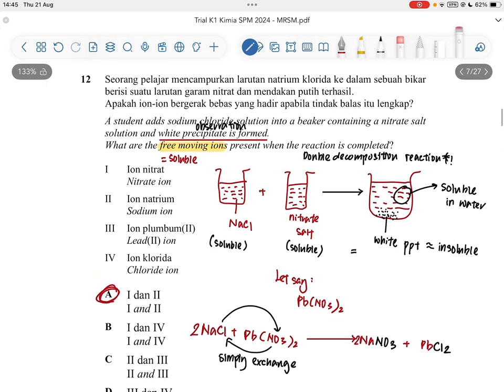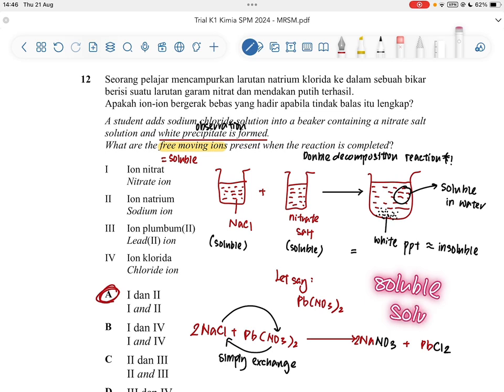At first you will notice that this is a sodium chloride solution which is soluble, and we know that nitrate salt solution is always soluble no matter what the cation is. So it is the process of two soluble salt solutions that will produce an insoluble salt and a soluble solution.